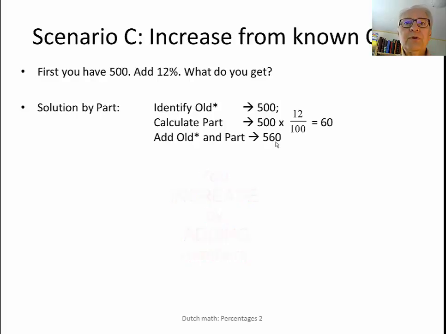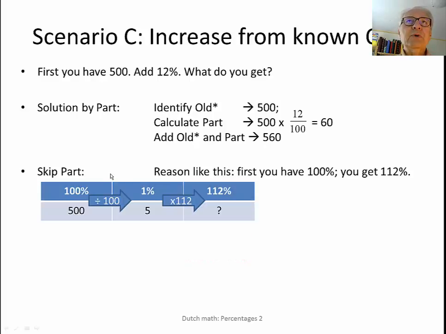Another way to do the same thing is to use proportionality tables. So you start with 100%, which is 500. You say I add 12, so I finish with 112%, but you don't know what amount that is.